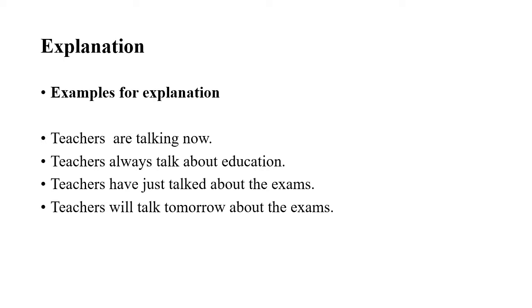Teachers have just talked about the exams. Results may be that now I can see teachers talking about the exams, the activity already finished, but they still stand there. I can see them. And now they are collecting some papers in which maybe timetables and sorts of things.